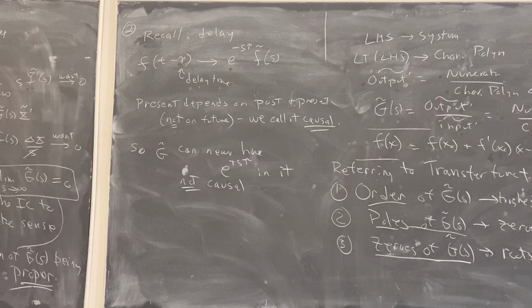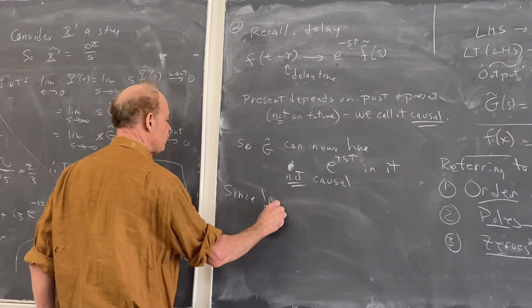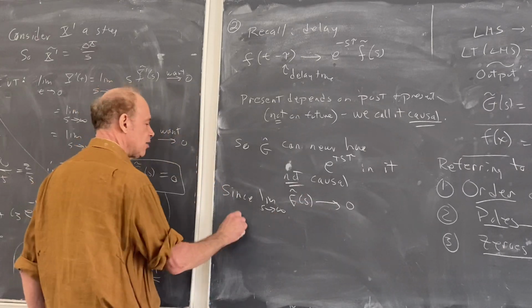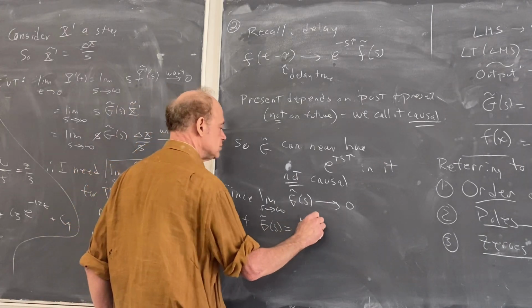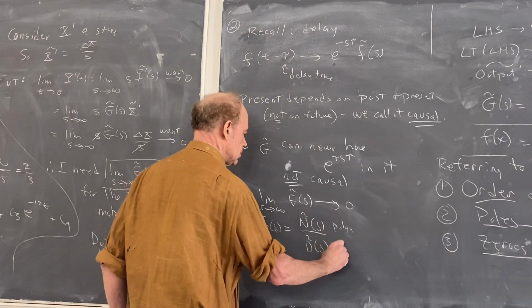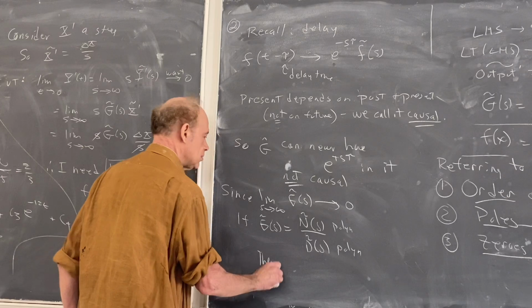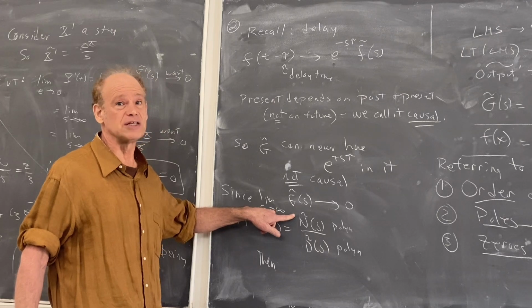And finally, because of this, since the limit as s goes to infinity of g tilde of s must be equal to 0, if g tilde of s is a polynomial numerator, if they're both polynomials, then the highest power of s in the denominator has to be higher than the highest power of s in the numerator.